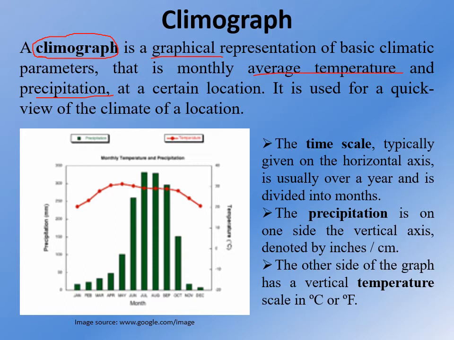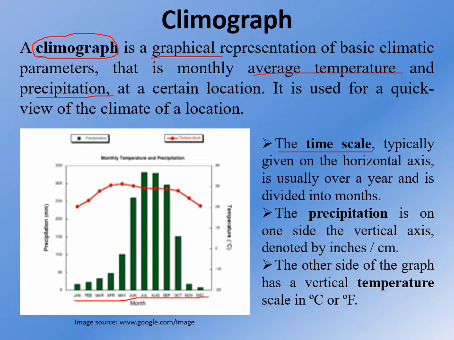In a climograph, generally we show three components. In the horizontal x-axis, it is the time scale. Generally, it is shown in terms of months. So we take the records of different climatic components for each month.